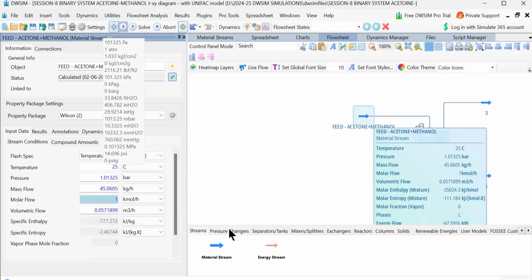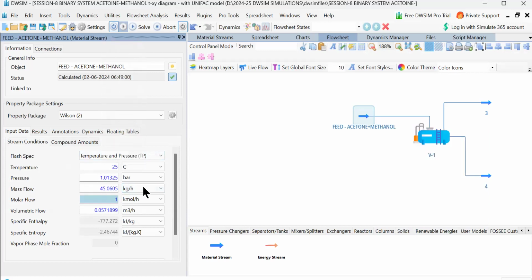And the pressure which is mentioned here, you see, this is 1 atmosphere. And temperature is also mentioned, right? So the input flow rate you take is 1 kilomole per hour.